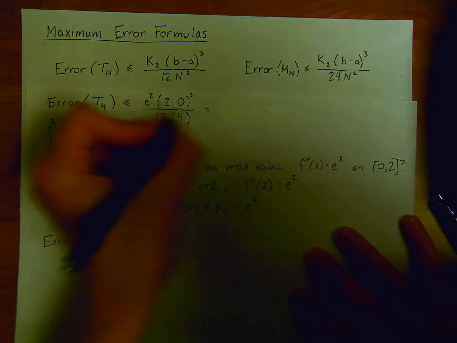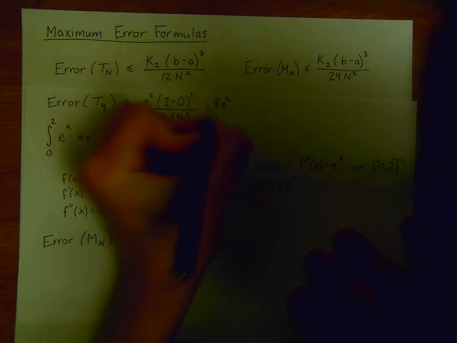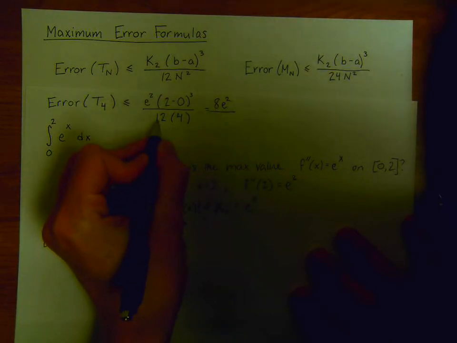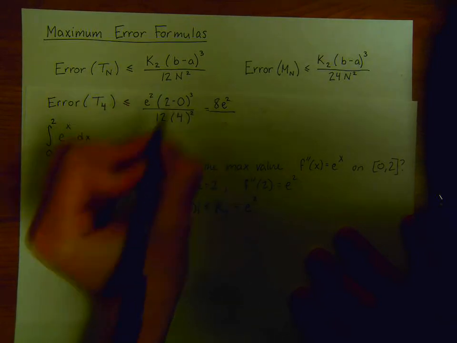So this is e squared times 2 to the third, which is 8, all divided by 12 times 4 squared.